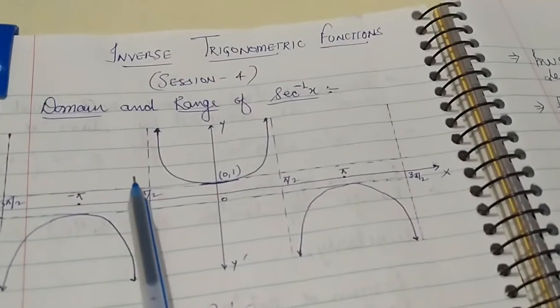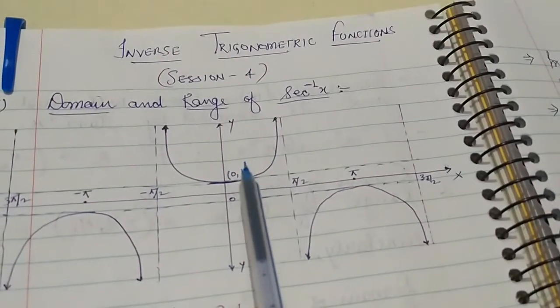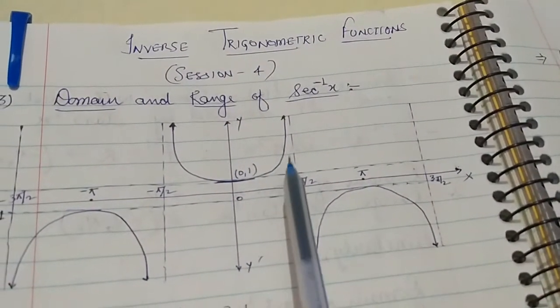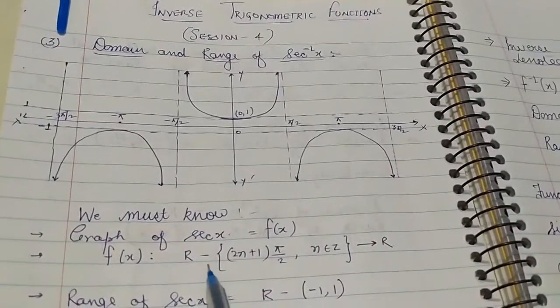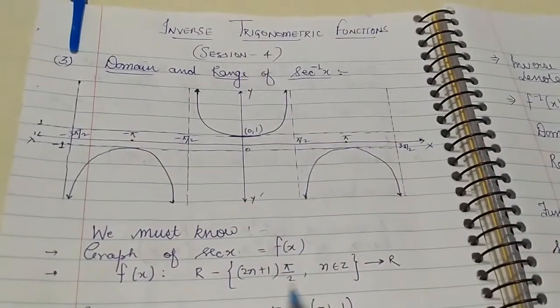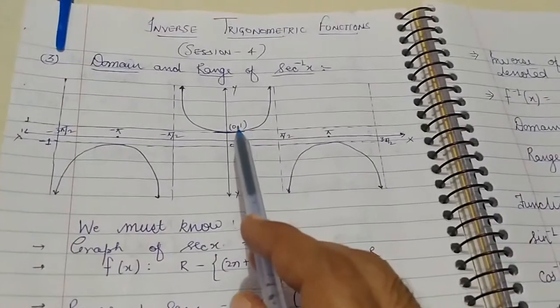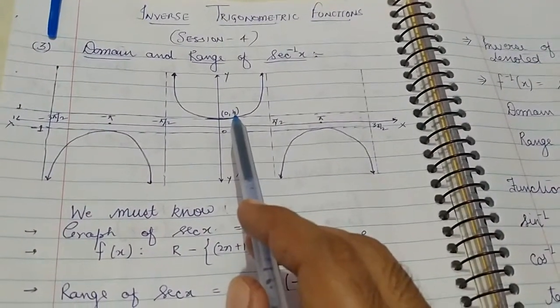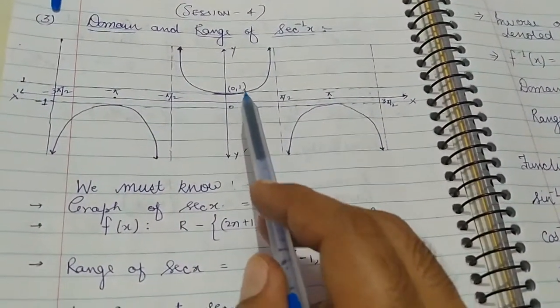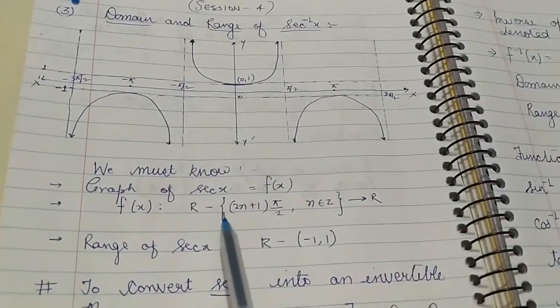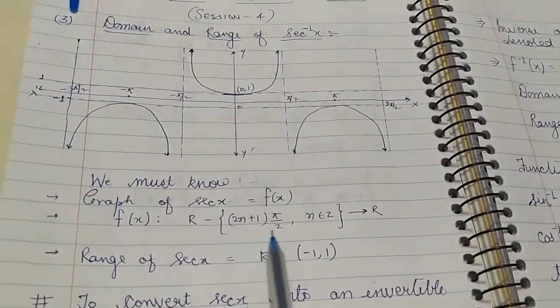From this graph, it is also evident that this function is a many-one function under this condition. If we want to convert this function into a one-one function, we must restrict the domain of this function.